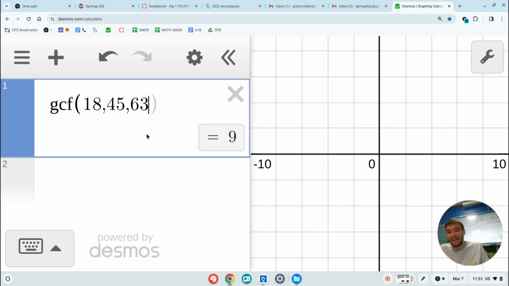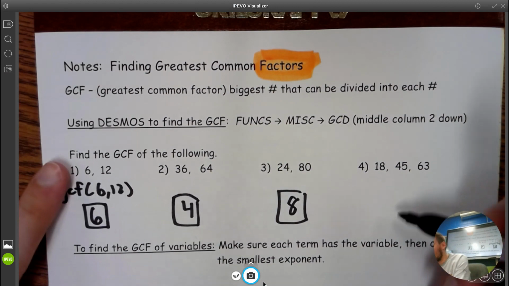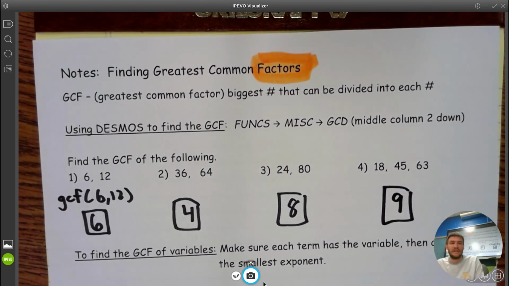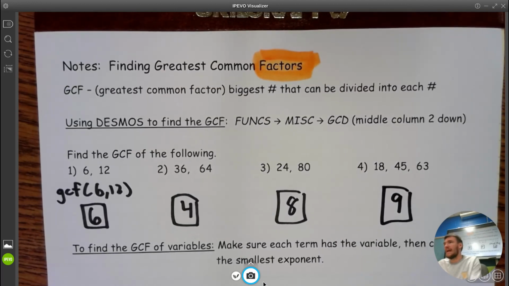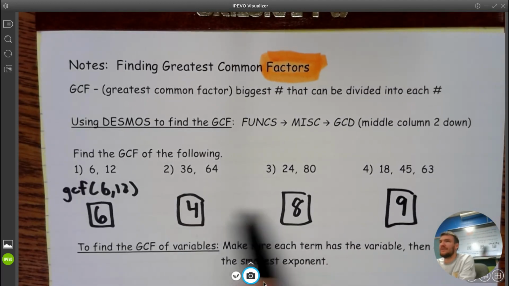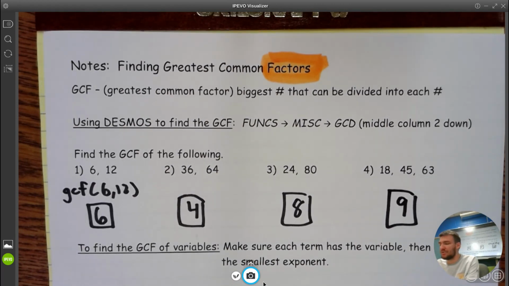I'm getting 9 here. So take your time. If you type it in correctly, Desmos gets the answer for you. That's it. All right. If I give you a quiz right now, which I'm not going to, you better get all these questions right, right? You literally just use Desmos, type them in.